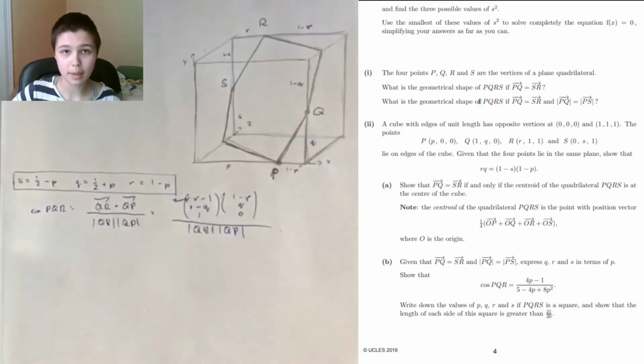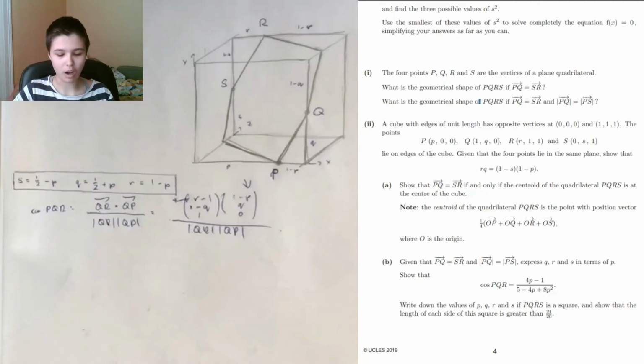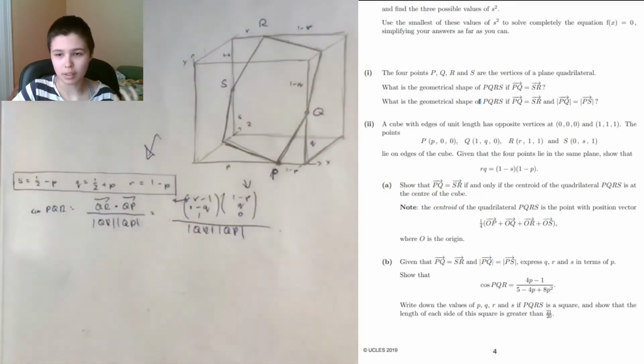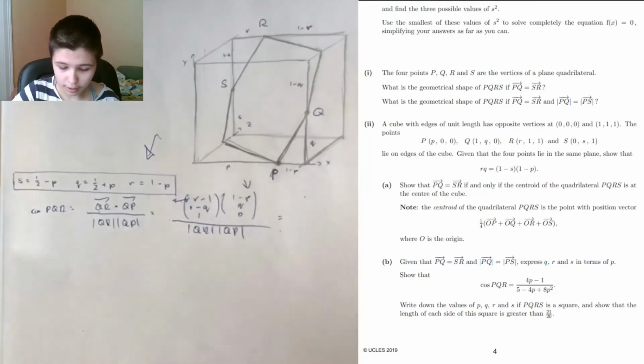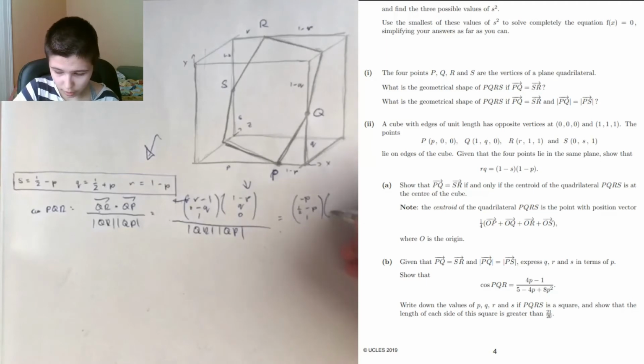I'm not going to expand these just yet because all of these are in terms of Q, R, and P, and I want to convert everything in terms of just P, because I think that's what we've been asked to do in the first part, so it's probably going to be useful if we do it now. This would give me minus P, a half minus P, 1 dotted with P minus 1, P plus a half, and 0.